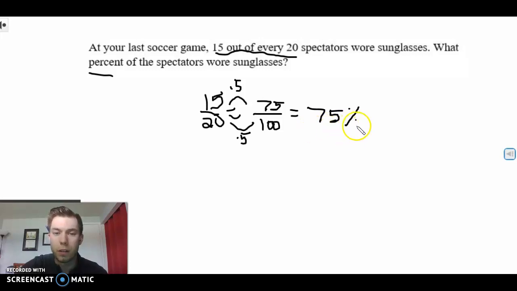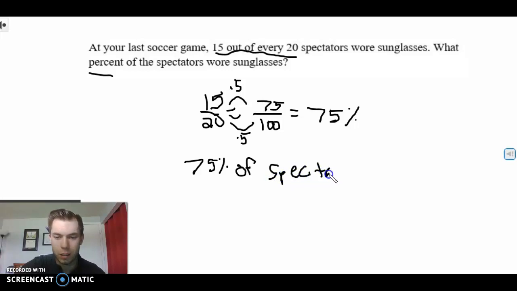So we get 75%. How we would report this is that 75% of the spectators, so 75%, we would have to write this out, and I'm going to do my best to write this out. So 75% of spectators wore sunglasses.